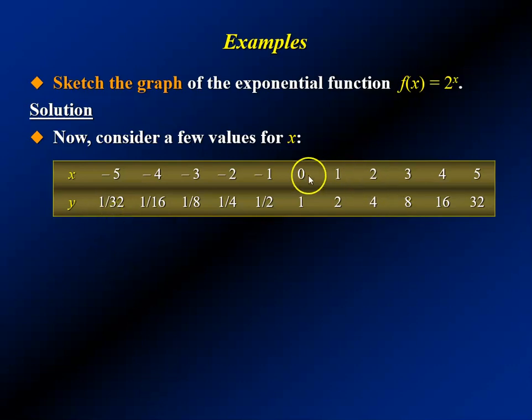Then going to the positive values of x, any variable raised to 0 is equal to 1. 2 to the power of 1 is 2, 2 squared is 4, 2 cubed is 8, 2 to the power of 4 is 16, and 2 to the power of 5 is 32. If the exponent is negative, you make it a fraction.